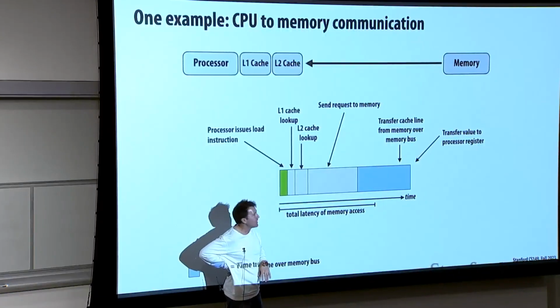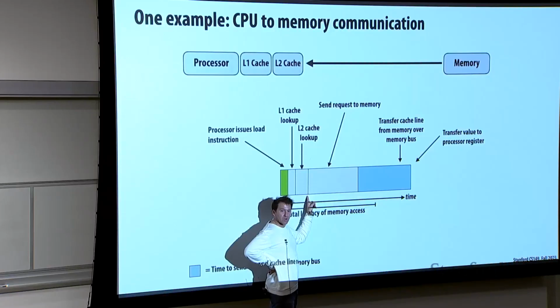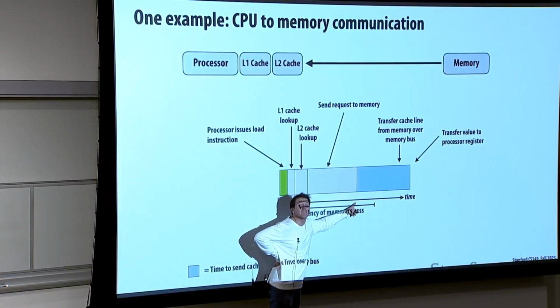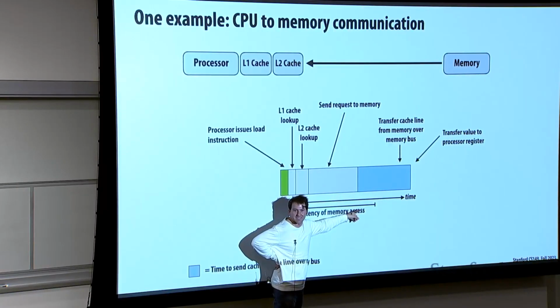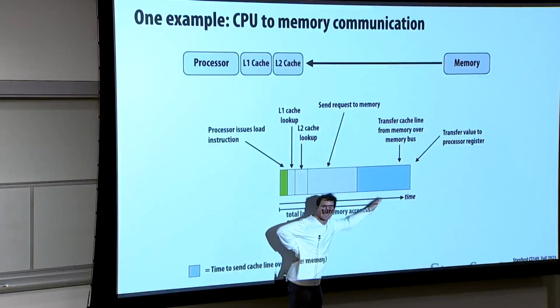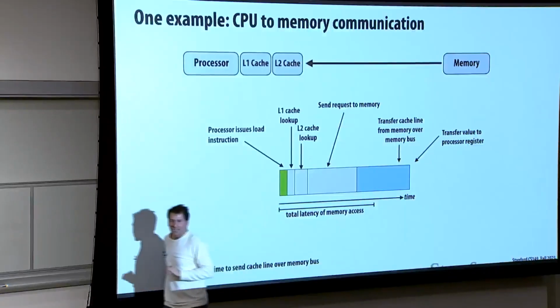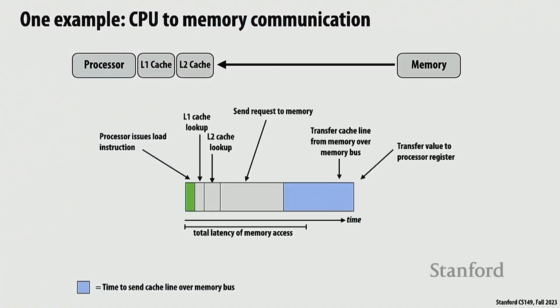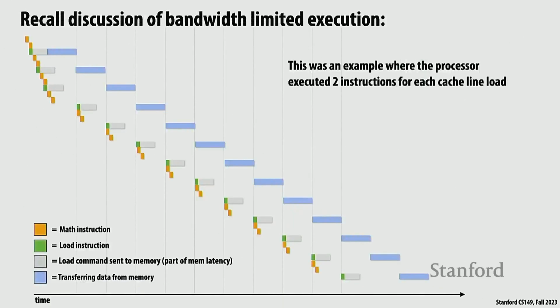Maybe a request, a message, has to get sent to memory saying I want the data at this address, and at some point the memory starts sending you the data back. And if you have a bandwidth of B bits per second, you start getting B bits per second back in that blue region. And so that's why when I drew this thing, I drew an example like this, where, remember, it was a program that did two instructions and then a memory transaction.